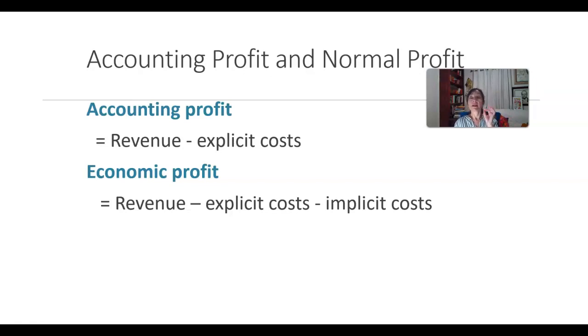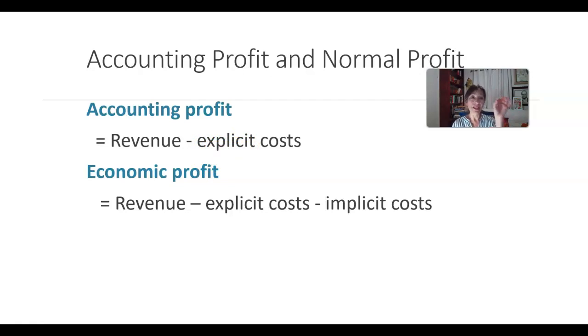We're going to look at, for our purposes, the difference between accounting profit and economic profit. So see here the formula: accounting profit equals revenue minus explicit costs. Okay, so this is a new type of cost. What is explicit? Well, explicit means detailed and monetary.